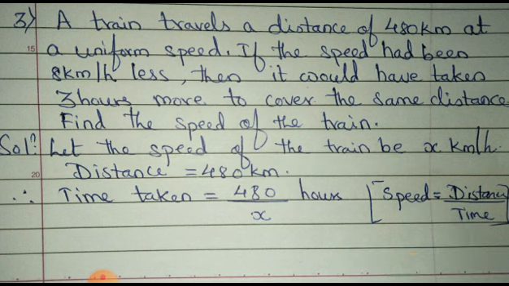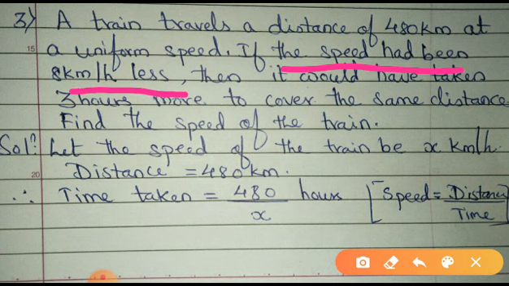Is that clear? Now again, it is said, if the speed had been 8 km per hour less. That means if first my speed was x, then the speed became x minus 8. Then it would have taken 3 hours more to cover the same distance.